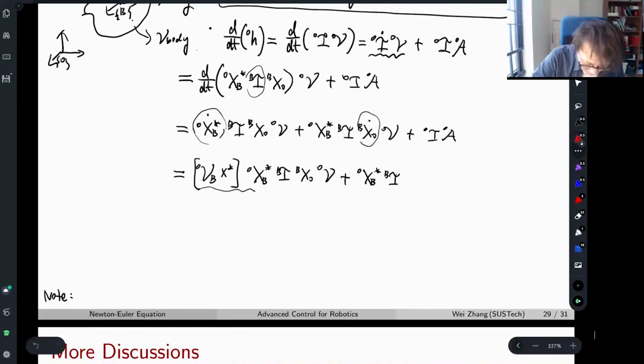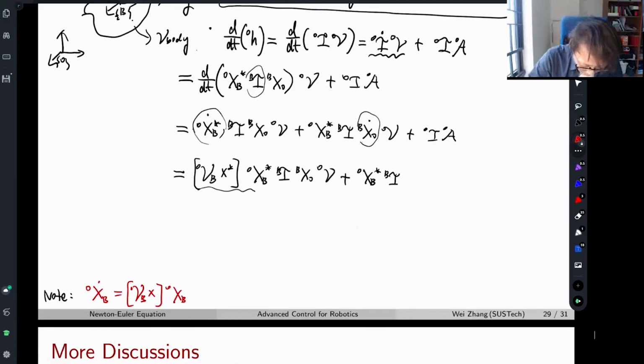What we know is that X_BO star dot, without the star dot, is V_BO cross X_BO. That's what we got before. But now here it is X_OB dot, and the formula doesn't hold anymore. You have to work directly.